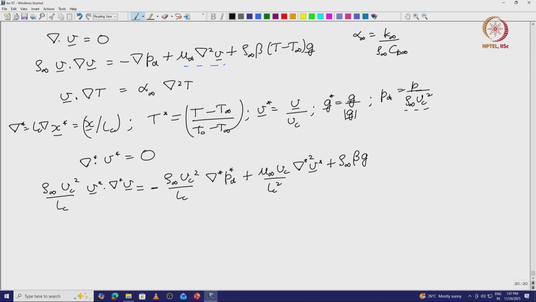T minus T infinity is T naught minus T infinity into T star, into the scaled gravitational acceleration scaled by its magnitude. Note that gravitational acceleration is a vector, so it is scaled by its magnitude. So, these are the terms in the momentum conservation equation.